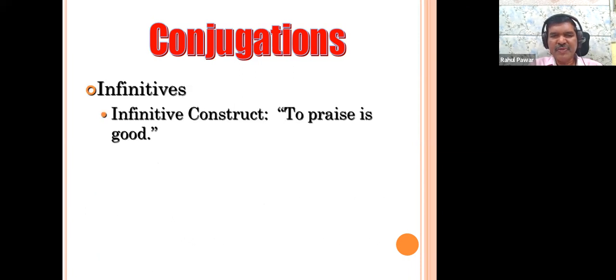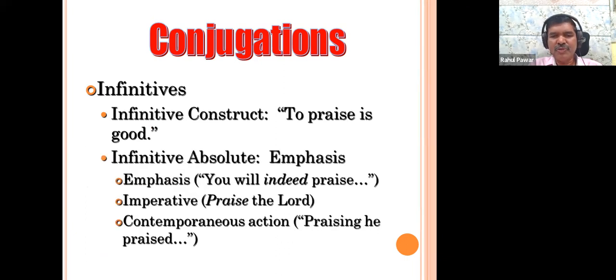Then infinitives. Infinitive construct is just to add to: to praise is good. Infinitive absolute: in infinitive absolute, you will find emphasis, then imperative, and the third action is contemporaneous action, that is praising, he praised.